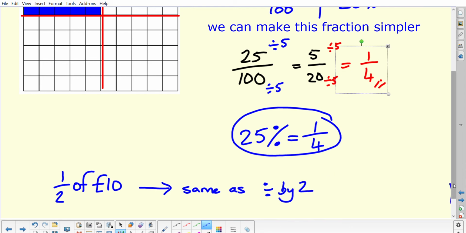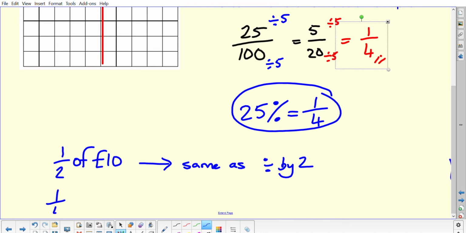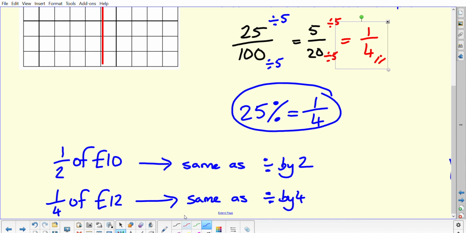And if you're trying to work out a quarter of something, a quarter of 12 for example, that would be the same thing as dividing by 4. So our answer here, a half of £10 would of course be 5, and a quarter of 12 would of course be 3.